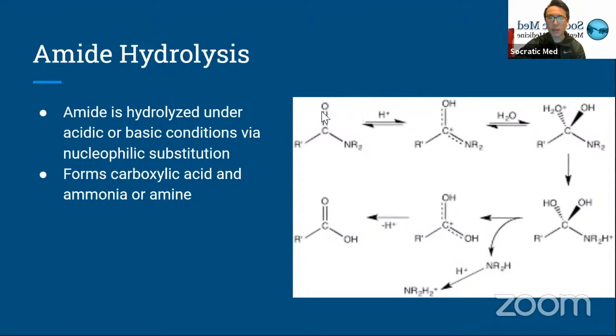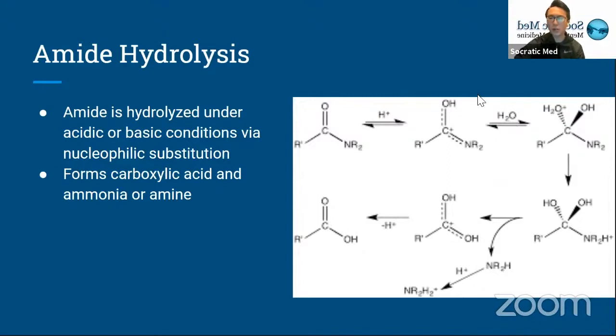So in acidic conditions, the carbonyl oxygen will accept a proton from the solvent. This causes the molecule to have a positive charge, and this allows water to attack via a nucleophilic substitution.